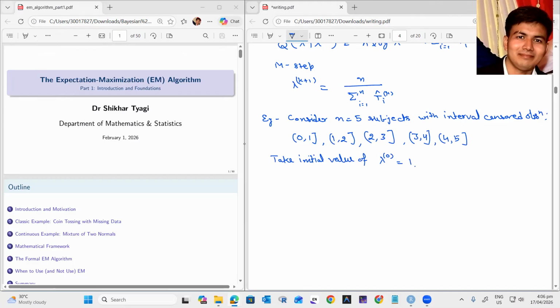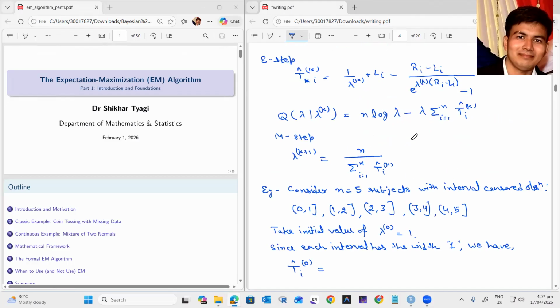Since each interval has a width of 1, we can calculate Ti cap naught using the formula.